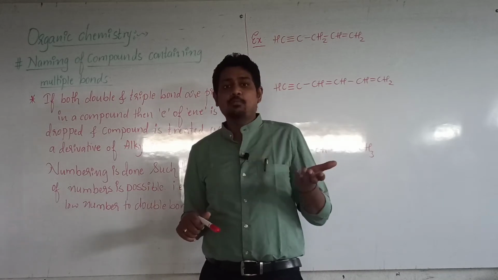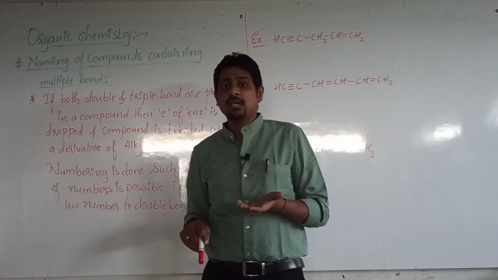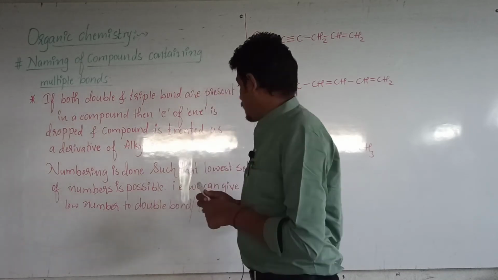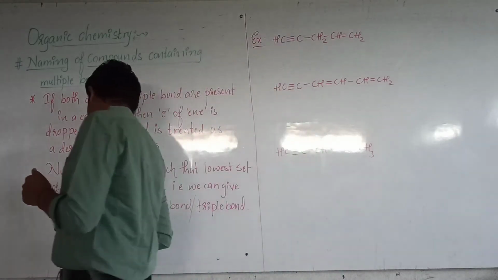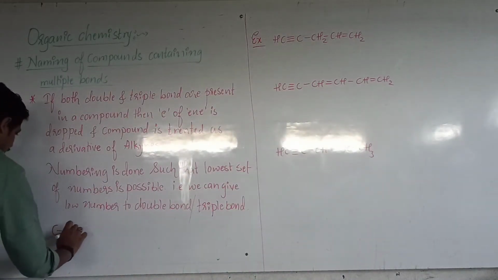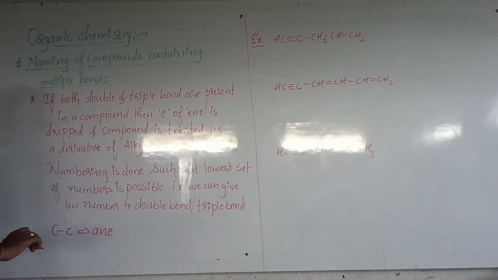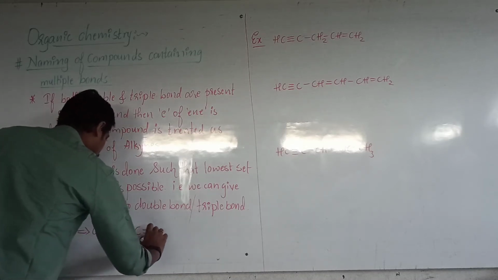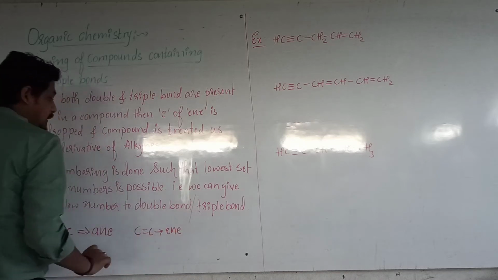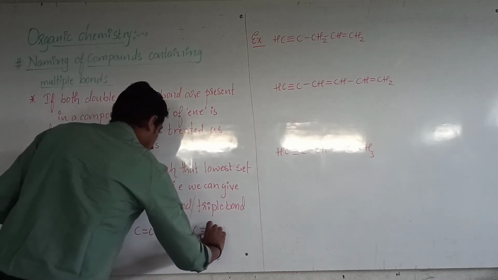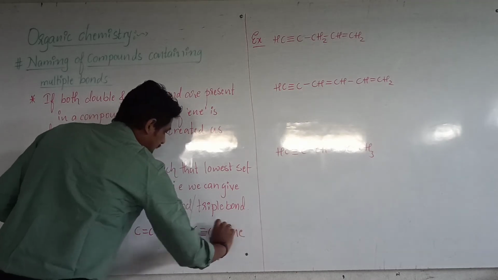When all are single bonds between carbon and carbon, the primary suffix is ane. If carbon double bond, then primary suffix ene. Then carbon triple bond, then primary suffix is yne.